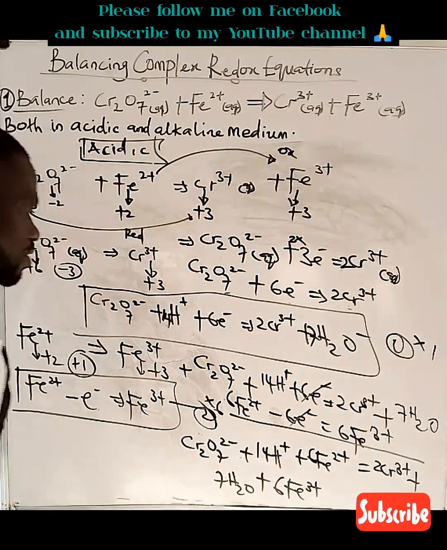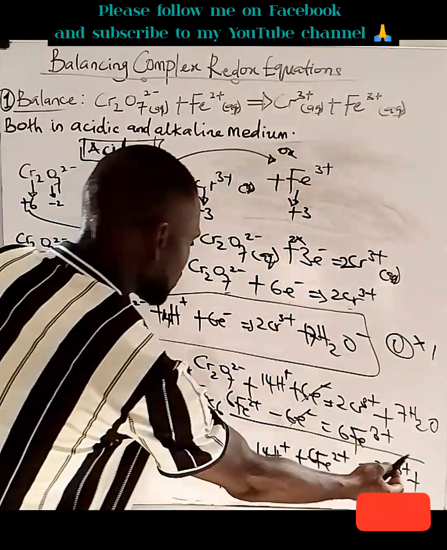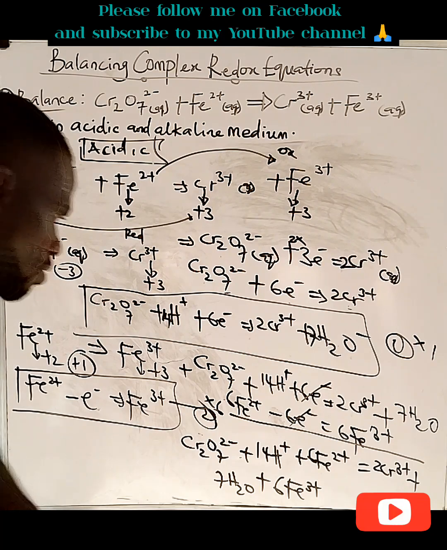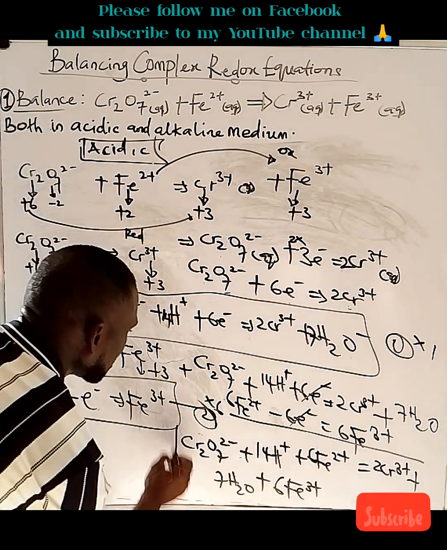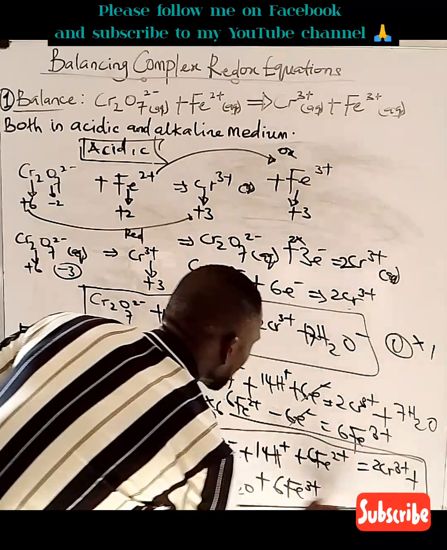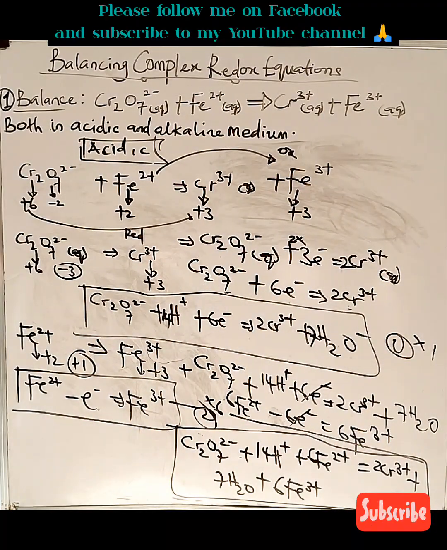So this is it on the reactant side, and this is it on the product side. We have hydrogen here, we have water here, everything is well set up. So this is how to balance this in acidic medium, as simple as A, B, C.